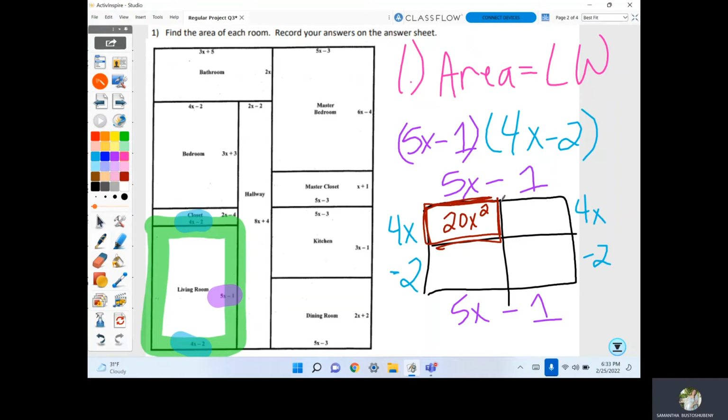So now I can see that 4x times negative 1 is minus 4x. Negative 2 times 5x is negative 10x. Negative 1 times negative 2 is positive 2. Now I can write all of these out.